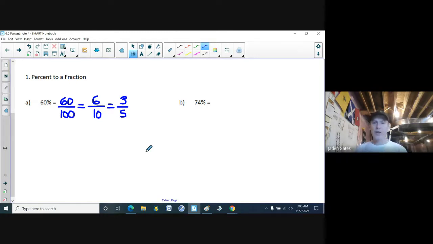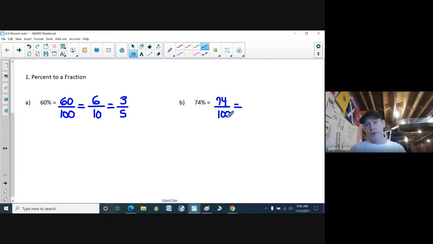Same idea here with 74%. Again, using my definition, the number of parts per 100, I would have 74 out of 100 parts. Now, I believe this one can also be reduced to lowest terms because they're even numbers. Sometimes you get the highest number right away. In this first example, I didn't do that, but hopefully this one will be.